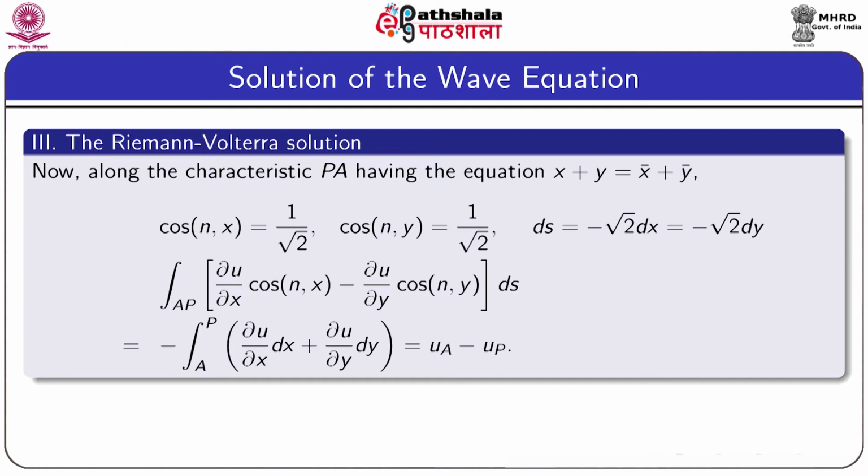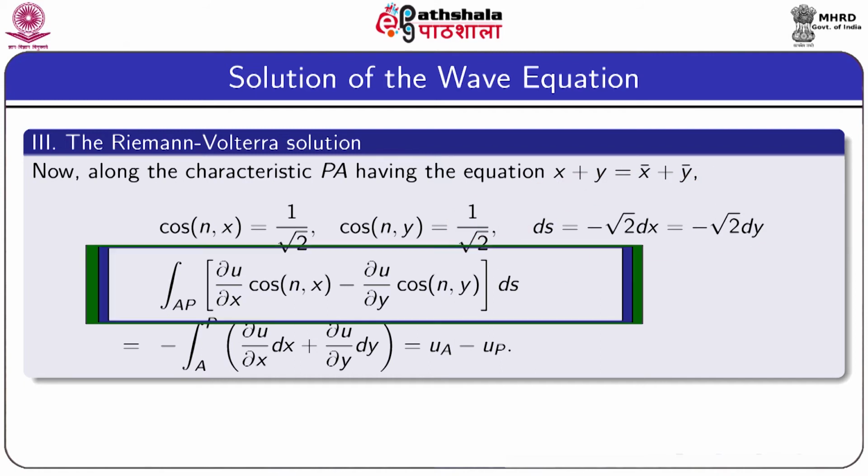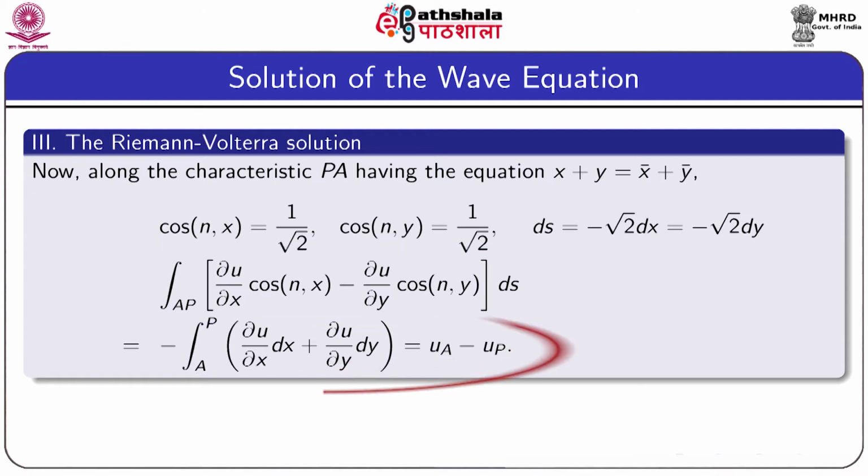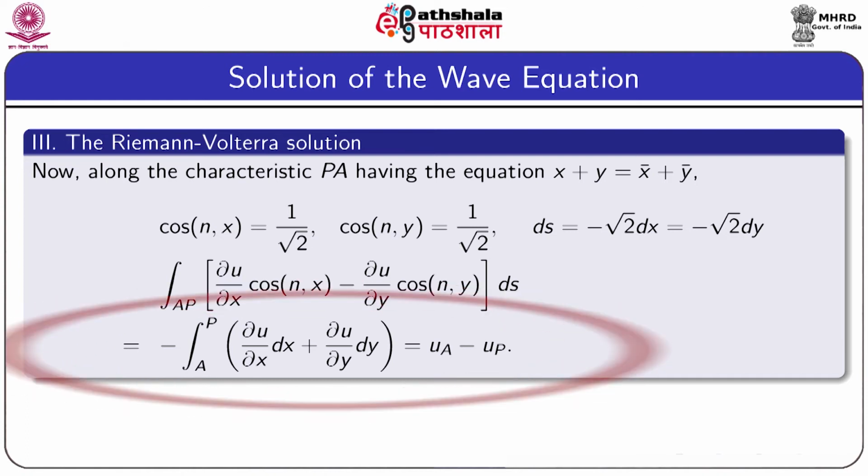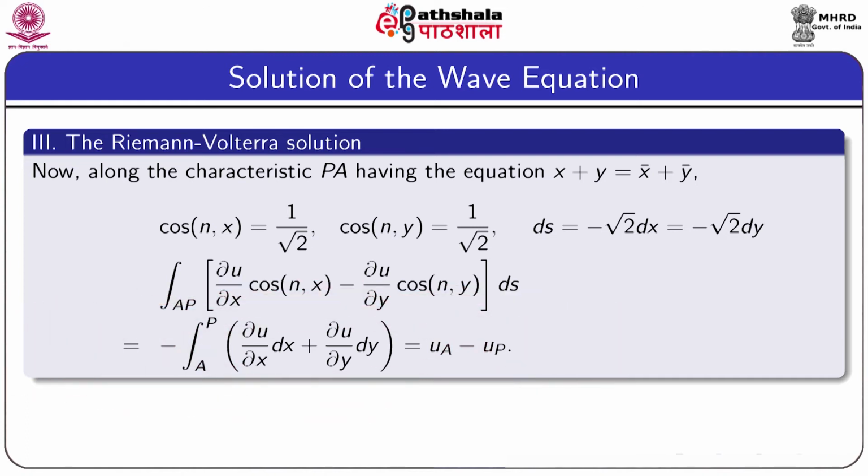So, substituting all these, we get integration over AP del U del x cos nx minus del U del y cos ny ds equals to minus integration A to P del U del x dx plus del U del y dy. So, this is nothing but dU. So, after integration this term gives UA minus UP.